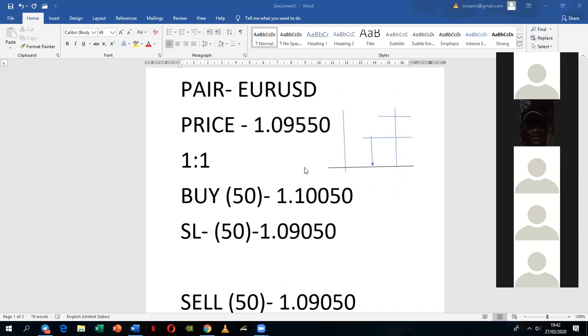I'm wondering how you get to have 1.10050. Look here. When you are saying subtract 50 from the other one above, let me explain it very fast.